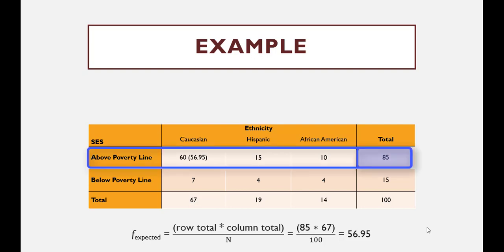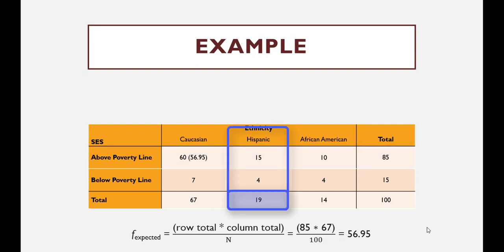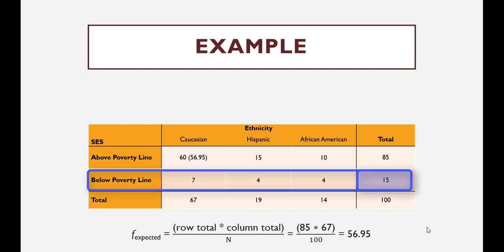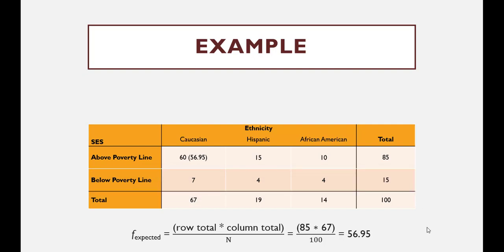Hispanic above the poverty line would be 85 times 19 divided by 100. Hispanic below the poverty line would be 15 times 19 divided by 100. And the 15 there is coming from the row total. I know there also happens to be 15 Hispanic people above the poverty line, so don't let that throw you off. It's the row total times the column total.